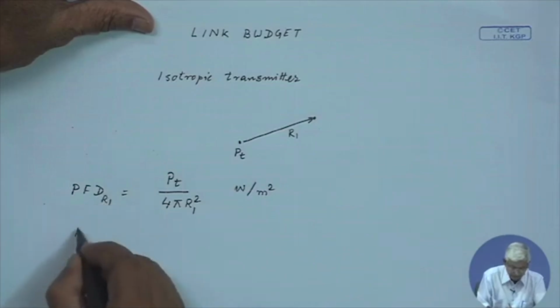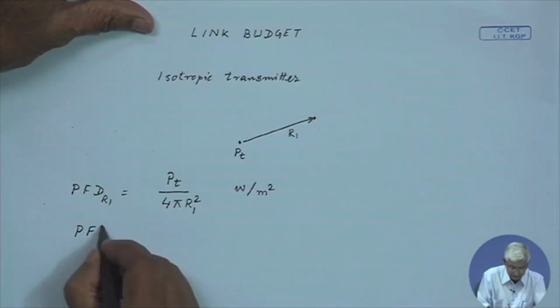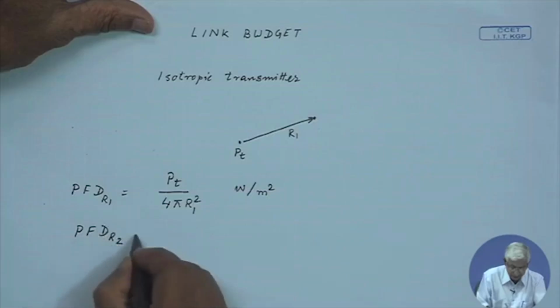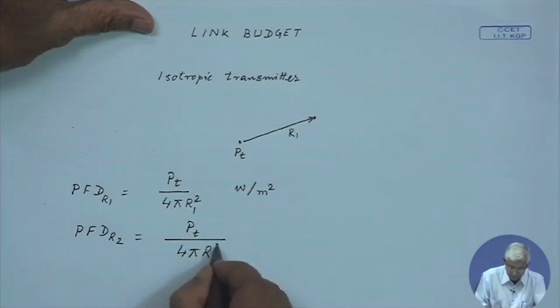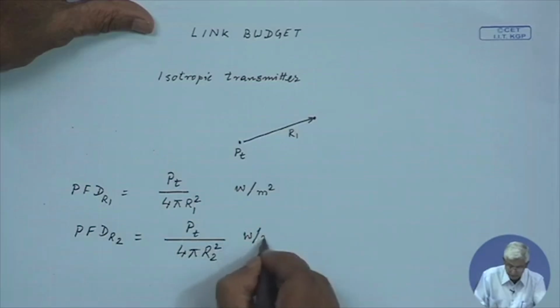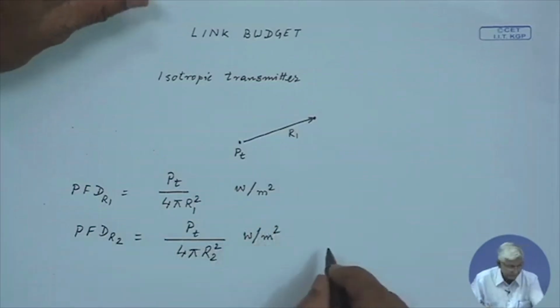Now if we try to see the power flux density at R2, it will be PT by 4 pi R2 square, watt per meter square.